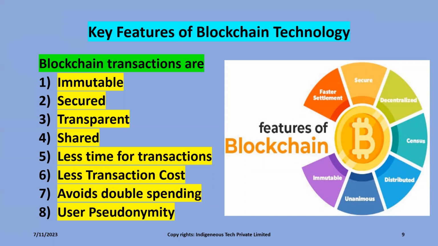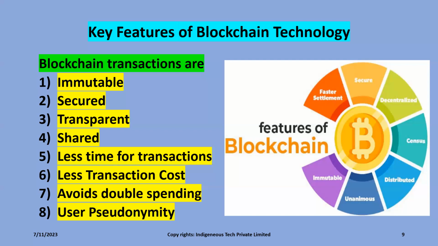Once recorded, it cannot be updated, modified or deleted. It is secured by using cryptography-based technology, or hashing functions, and it is transparent. It is nothing like you are hiding a transaction. We call it a public blockchain. Anybody who logs into or joins the Bitcoin blockchain network, which we call a node, can see the transaction. It is transparent and shared.